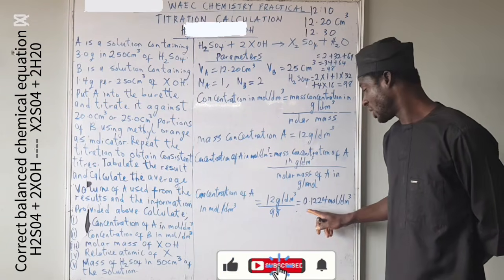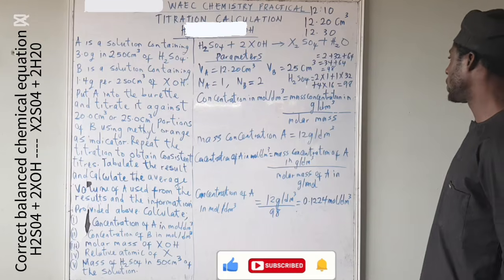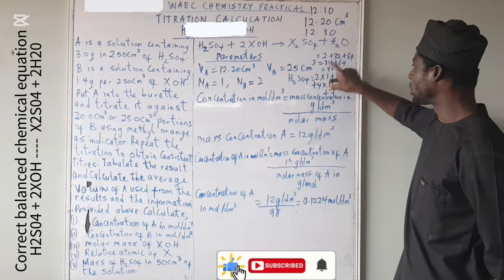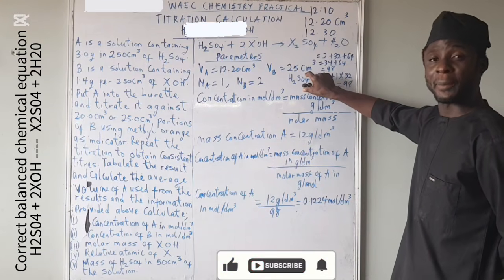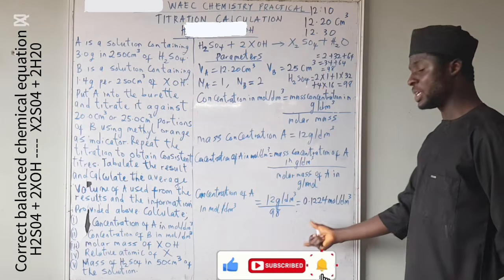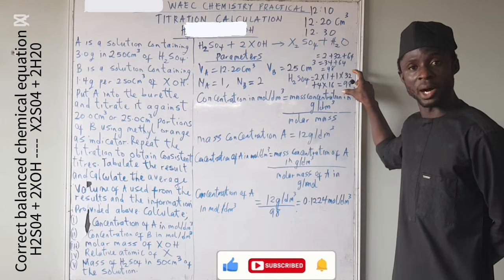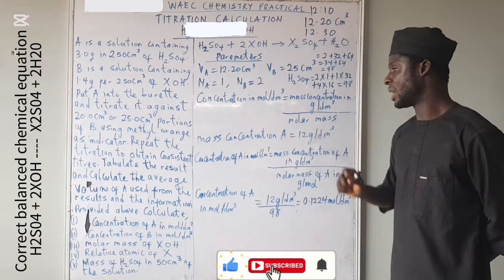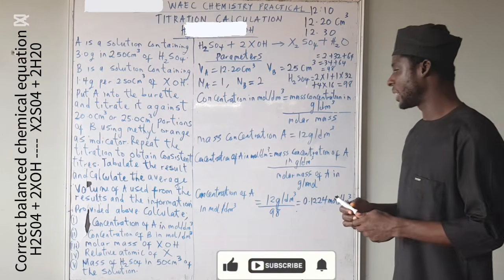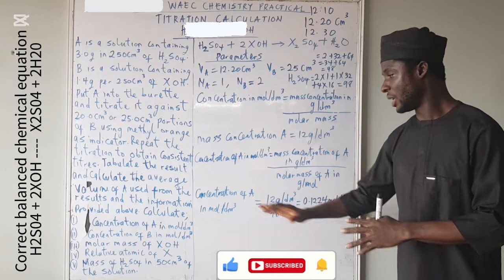And don't forget to write how you got your molar mass of H2SO4. Let it be in your calculation, so that you see how you got it. It also carries marks.